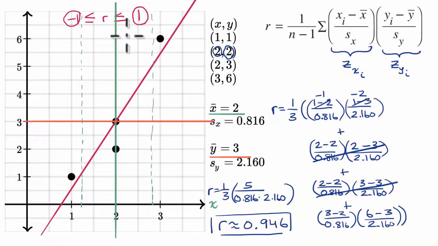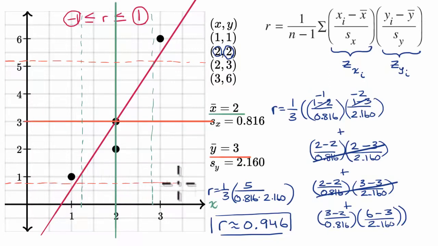And if I do the same thing in y, one standard deviation above the mean, 2.160, so that would be 5.160, so it would put us someplace around there. And one standard deviation below the mean, if we took away 2, we would go to 1, and then we're going to take another 0.160, so it's going to be someplace right around here.